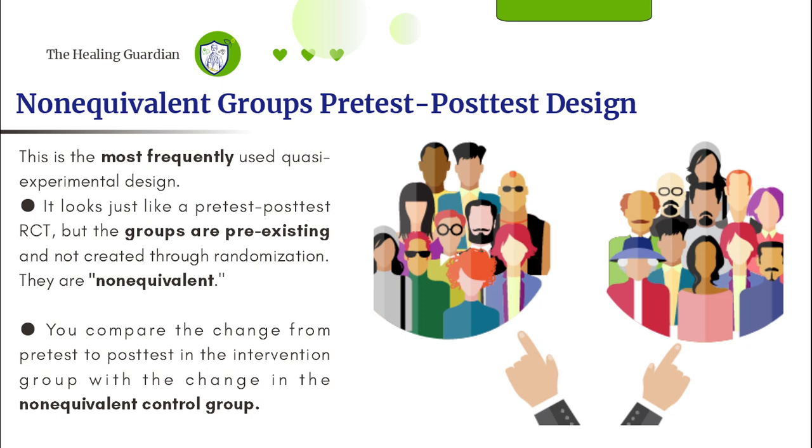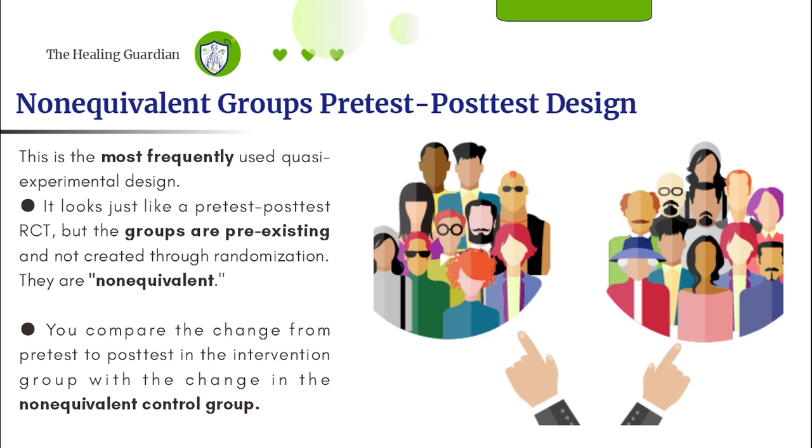Here the groups are not equivalent. You already get the groups that are pre-existing. For example, if it is a non-government organization that is going to teach job skills in one parish, you don't need to randomize which parish will be the control or not, but you may choose one parish, you apply those job skills, then the neighboring parish you don't apply those job skills.